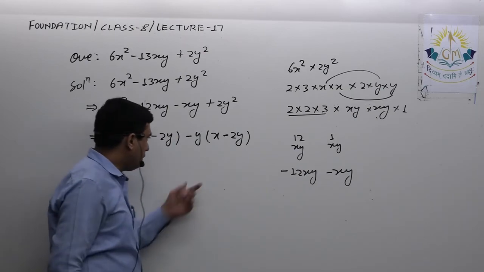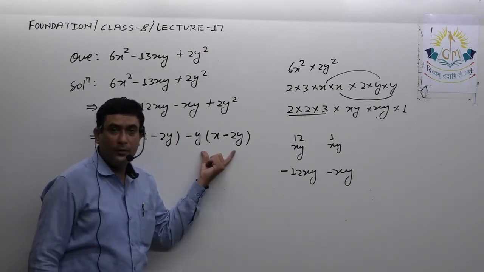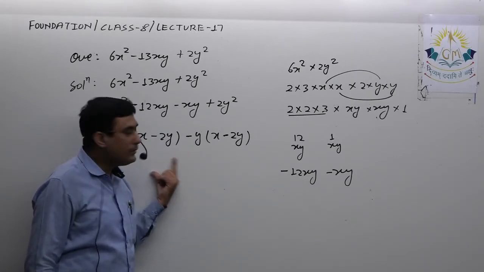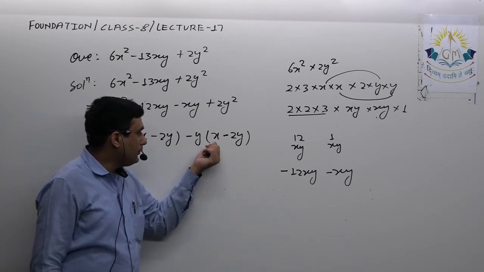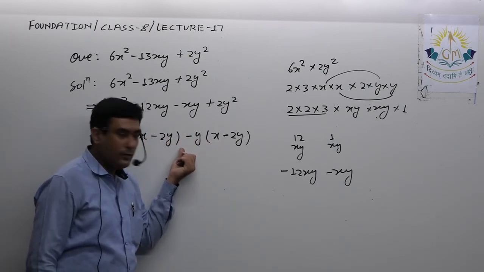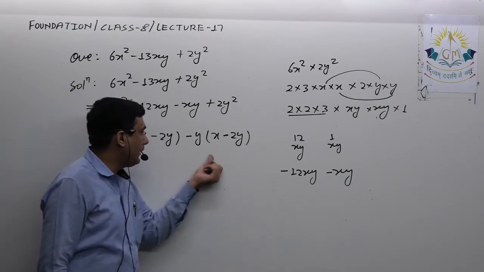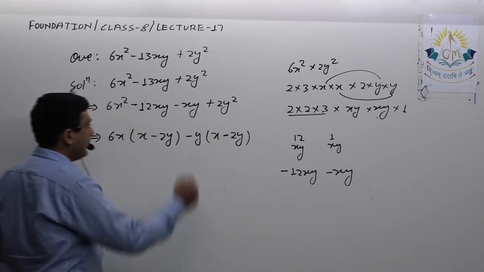I also told you that if you are not getting what to take common, then write the quantity you have in the first bracket over here, and then check by what quantity you should multiply this x to get minus xy. So your answer will be minus y, and when you verify this minus y into minus 2y, you are going to get the second term, that is 2y square.